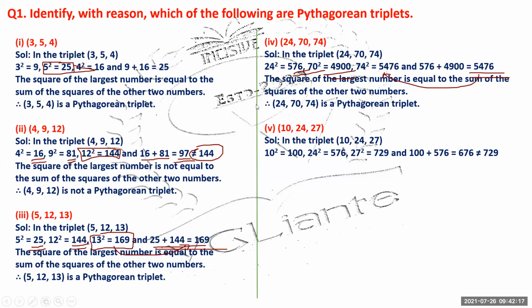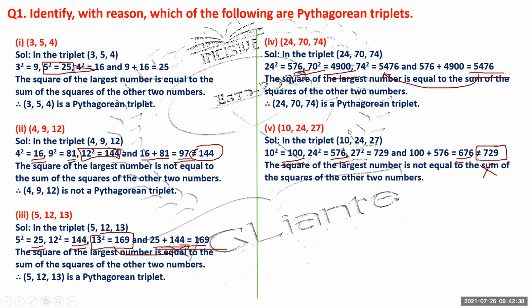You will add the remaining two, that is 100 plus 576. 100 plus 576 is what? 676. Is that equal to 729? No, it's not equal. So because of this, 10, 24, and 27 are not a Pythagorean triplet.